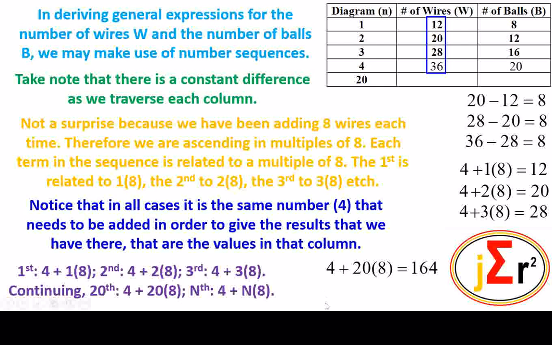When we found the 20th one, we realized that it was 164, which is 4 plus 20 times 8. We have no difficulty stating that the nth, as we stated before, is 4 plus n times 8.